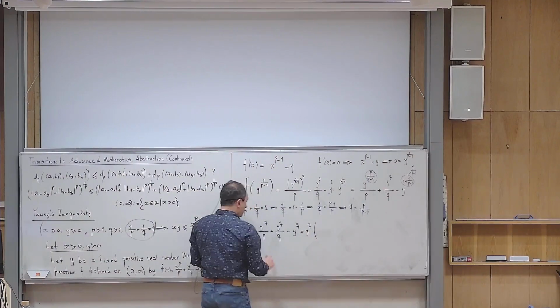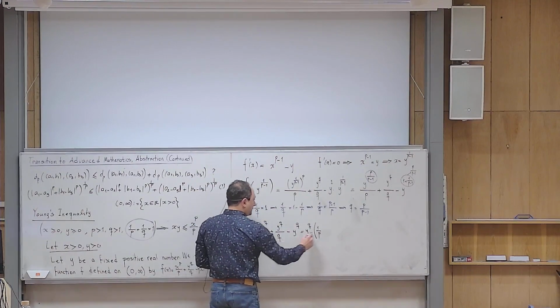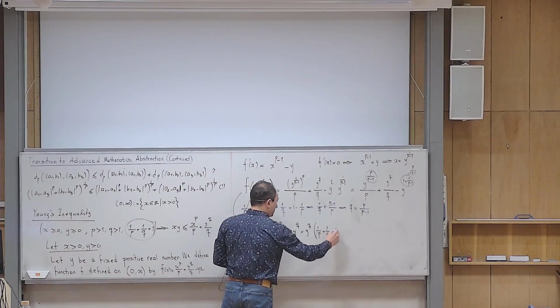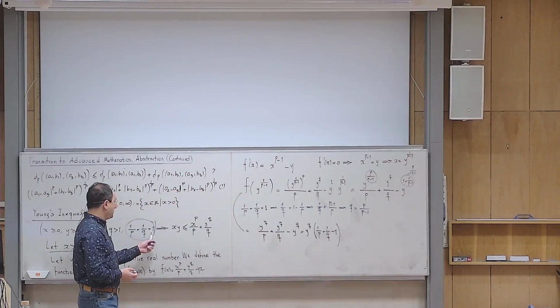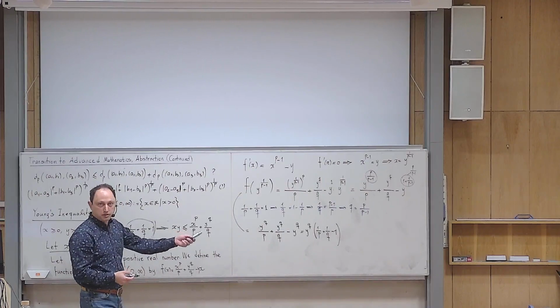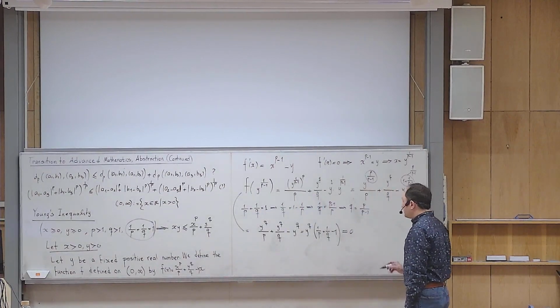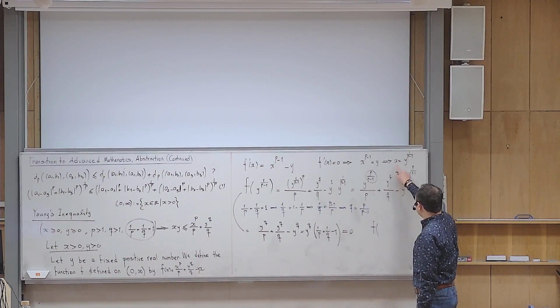From here 1 over p is left, from here 1 over q is left, and from here minus 1 is left. But 1 over p plus 1 over q is equal to 1, so this becomes just 0.